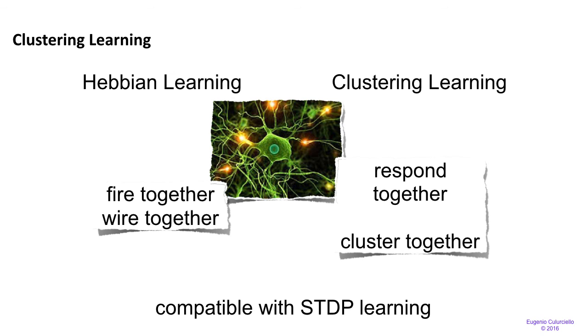Usually what it means is that if a neuron is stimulated by another neuron, and the second neuron fires very quickly after the first, then their connection strengthens, because there's some causal connection between the two.